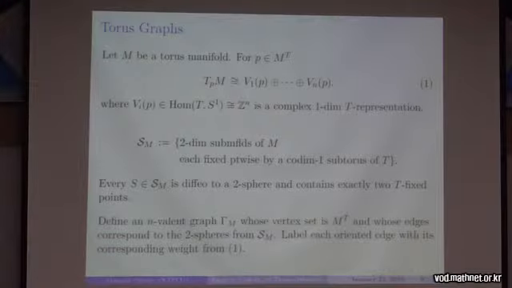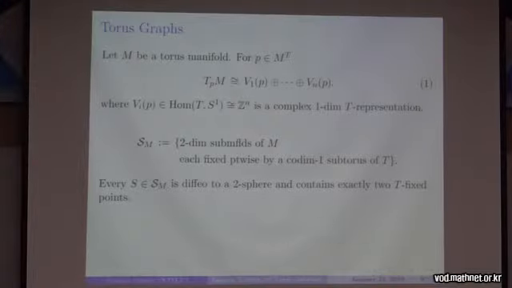So the picture that we have is we've got our manifold with its fixed points, and then these copies of CP1 linking these fixed points, these spheres. So it looks like a link of sausages or something like that.